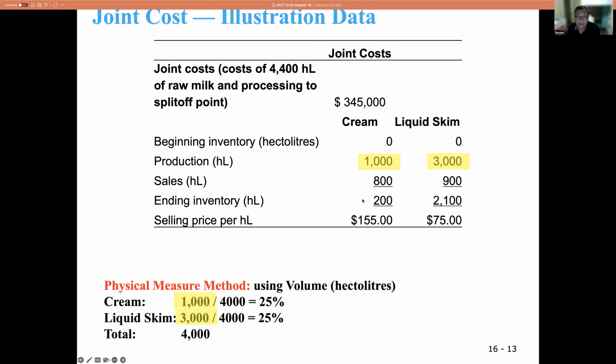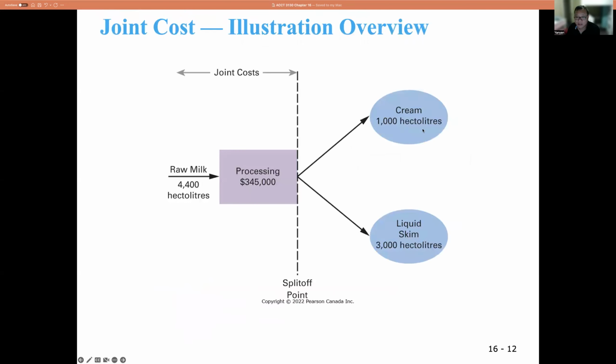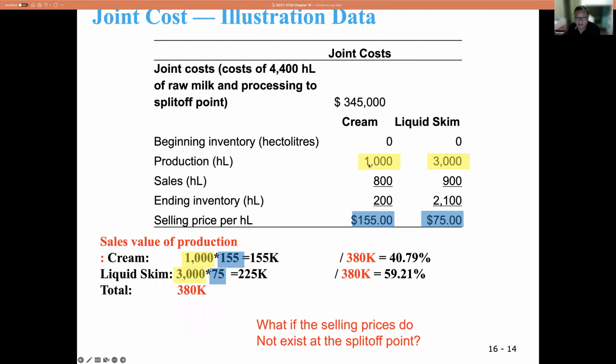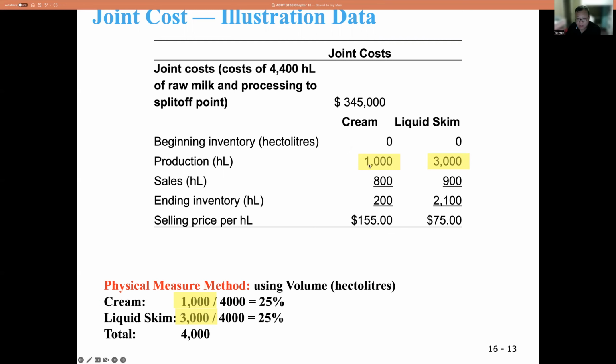Now let's take a look at the production. The process yields 1,000 hectoliters of cream and 3,000 hectoliters of skim. Together, 1,000 and 3,000 make 4,000. So for cream, the weight would be 1,000 divided by 4,000, 25%.